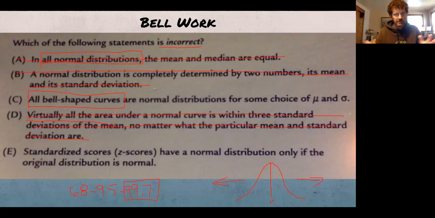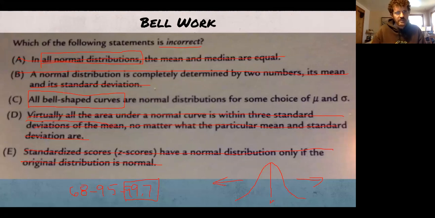Whenever we divide by the standard deviation, we're changing the scale of the distribution. But at no point are we changing the essential characteristics of the distribution. So if it's skewed to begin with, z-scores are just going to show us a standardized skewed distribution. So the underlying distribution has to be normal, has to be true.